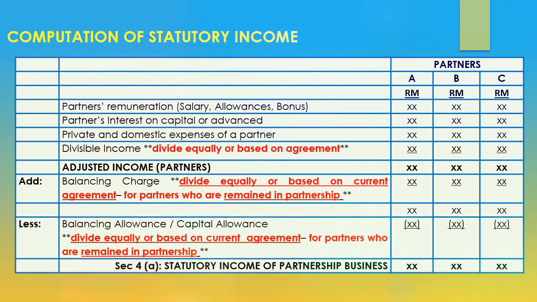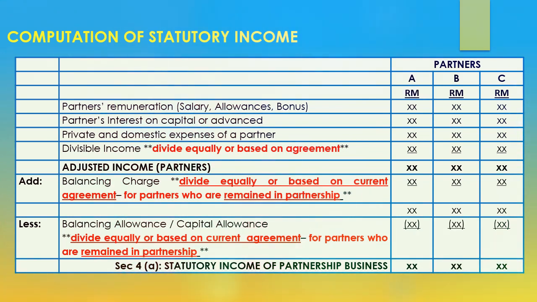This example just shows 3 partners, but the minimum is 2, isn't it? 2 to 20. So if you get 20 partners, you should divide it among 20 partners. So the computation of statutory income is for each partner.